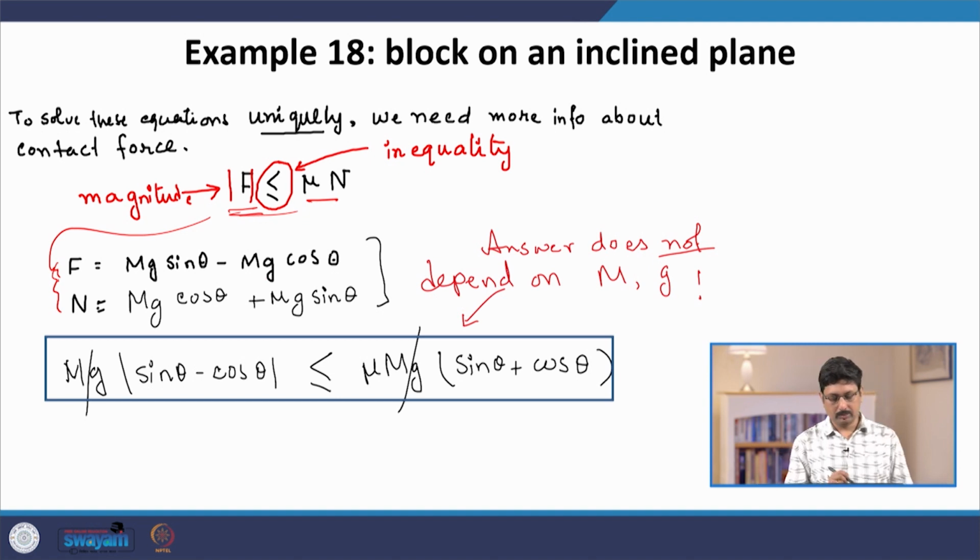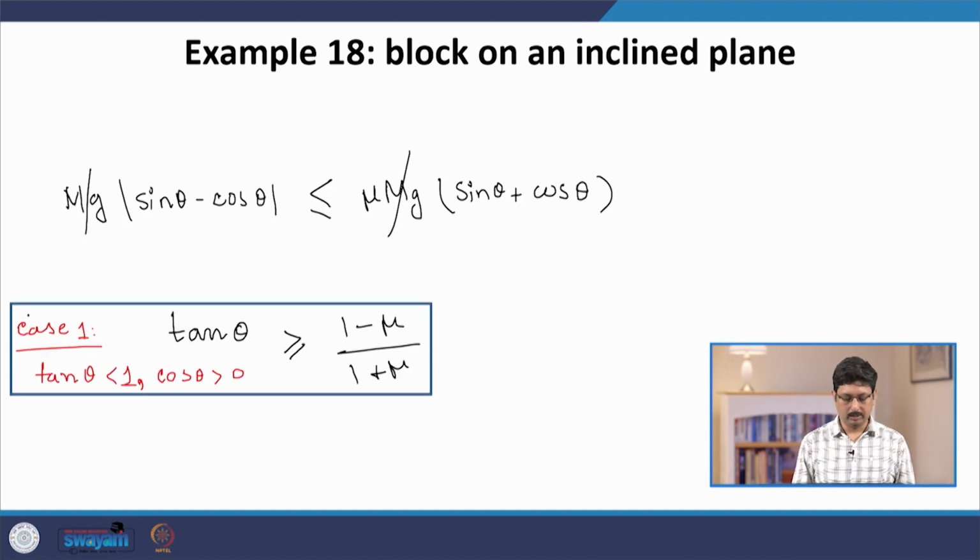Note that mg gets cancelled from both sides of this equation. So our answer, the range of theta, does not depend on m and g. It is kind of interesting to note.